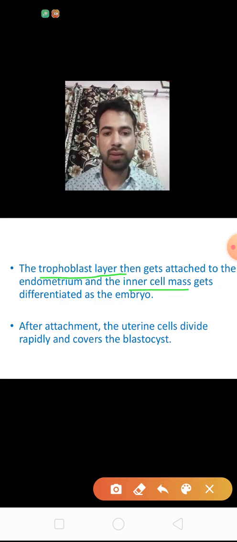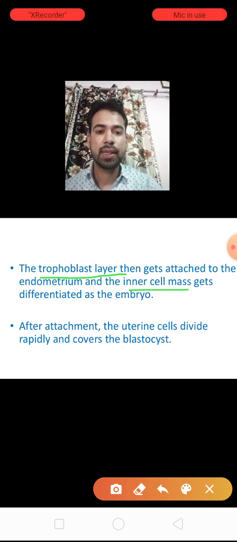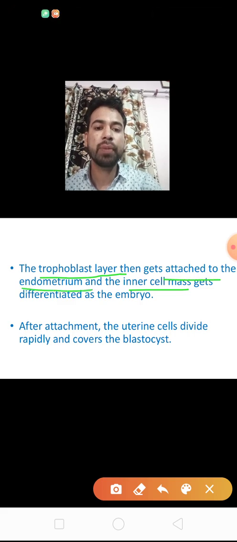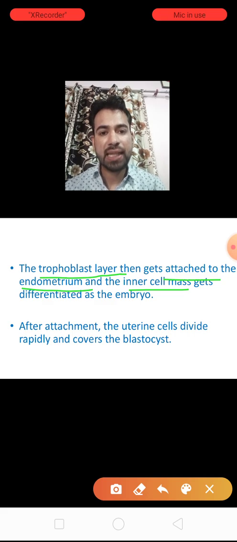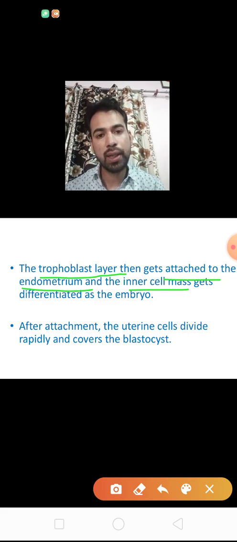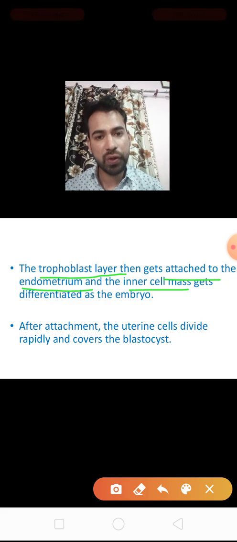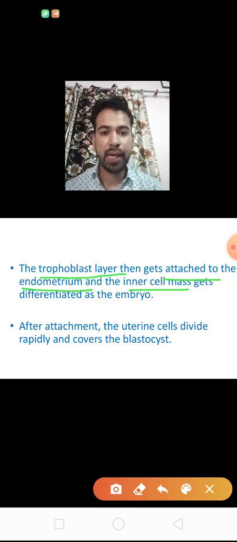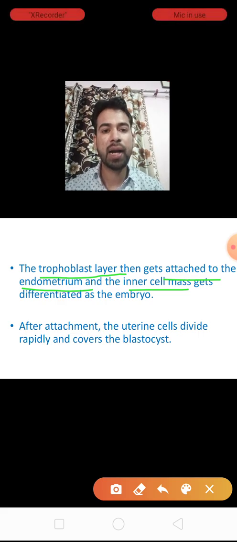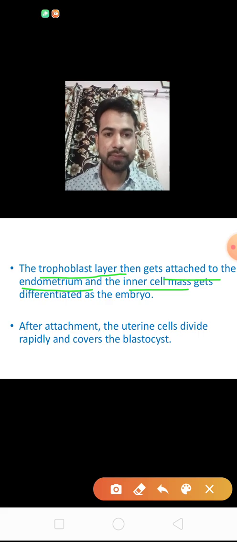The trophoblast gets attached to the endometrium. The trophoblast of the blastocyst attaches to the endometrium of the uterus. The endometrium is part of the uterus and the trophoblast is part of the blastocyst. These both are attached.